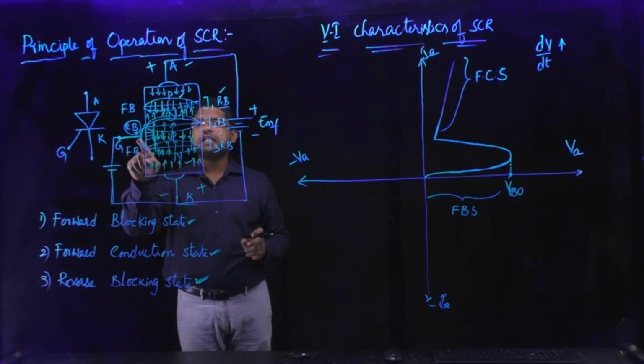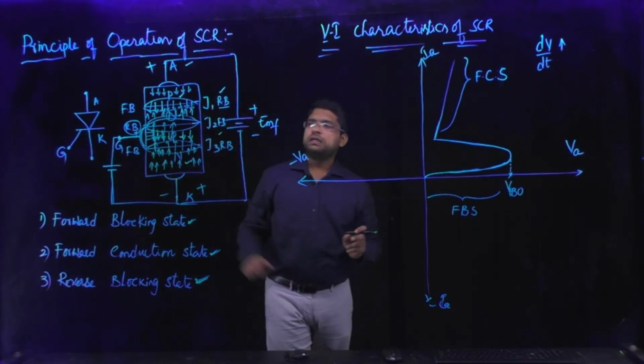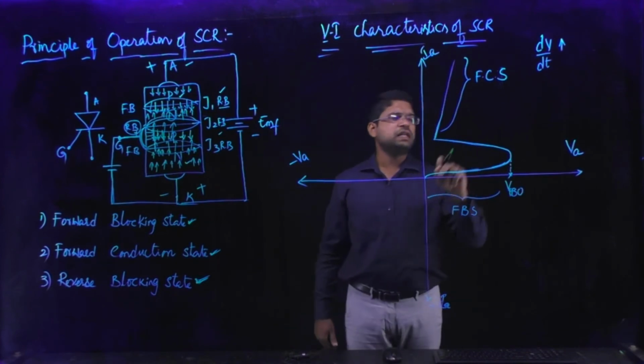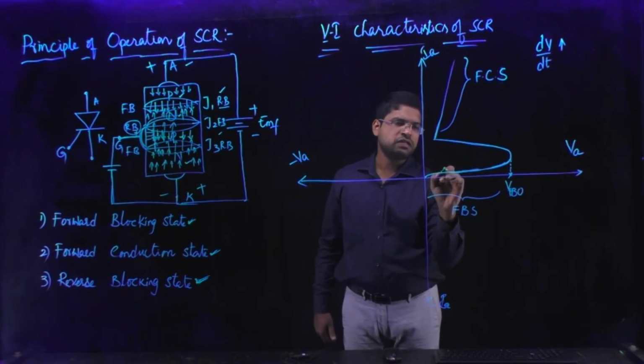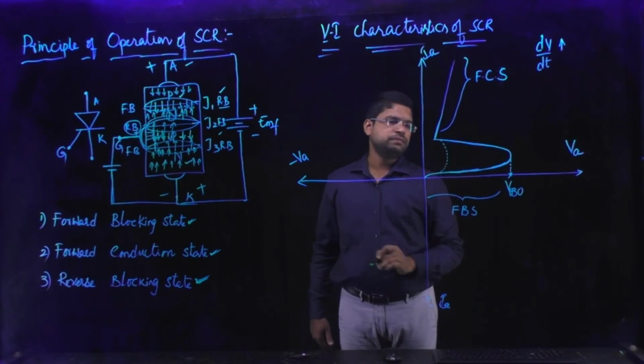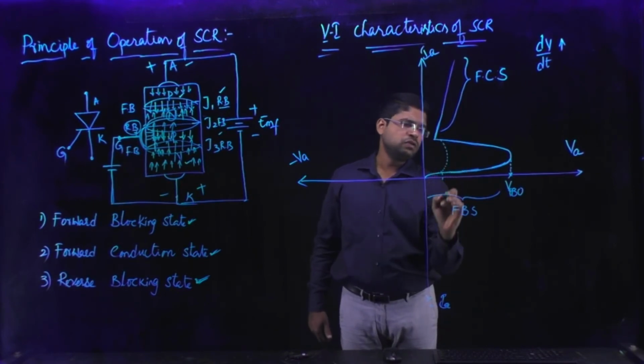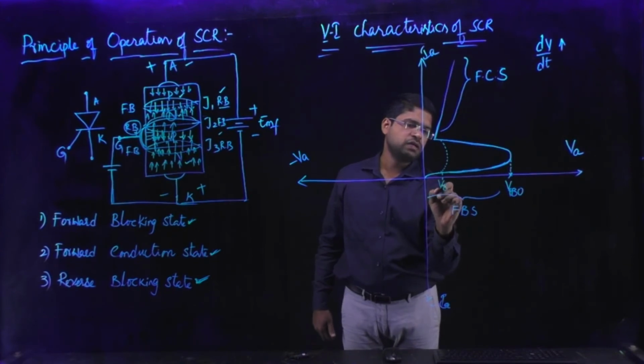With the help of the gate pulse, the device is turned on earlier. Suppose I apply the gate pulse at this particular instant, the device will be turned on. That means the forward breakover voltage is decreased here.